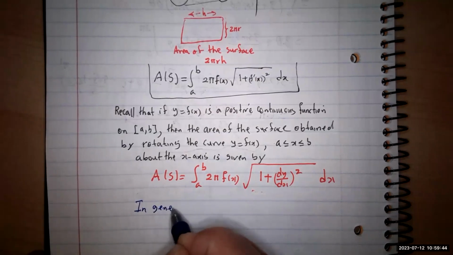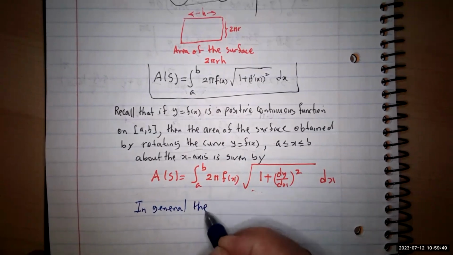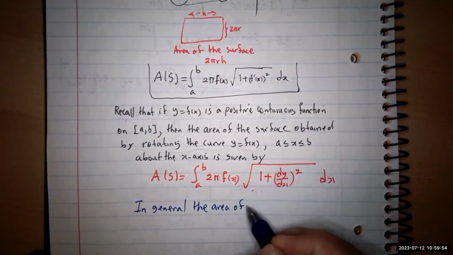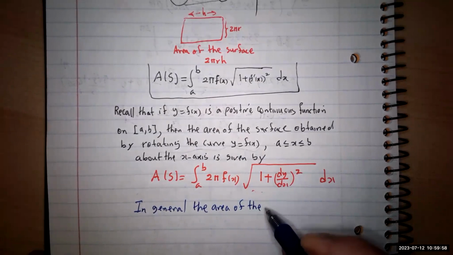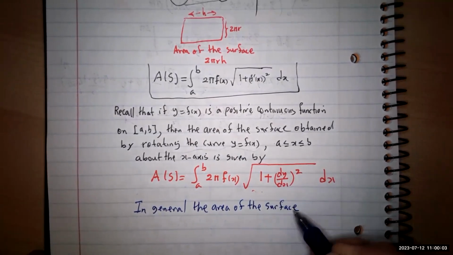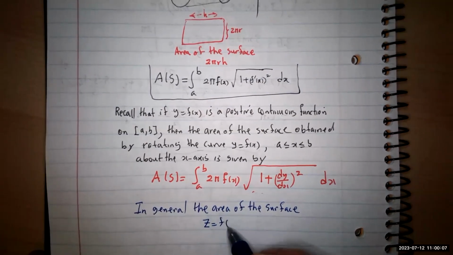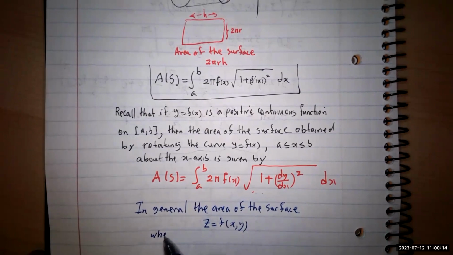In general, a similar thing can be done for the area. Now it makes sense because the graph of this type of function is a surface. So in general, the area of a surface z equals f of x comma y, where of course we are focusing on the partial derivatives, which must be continuous.